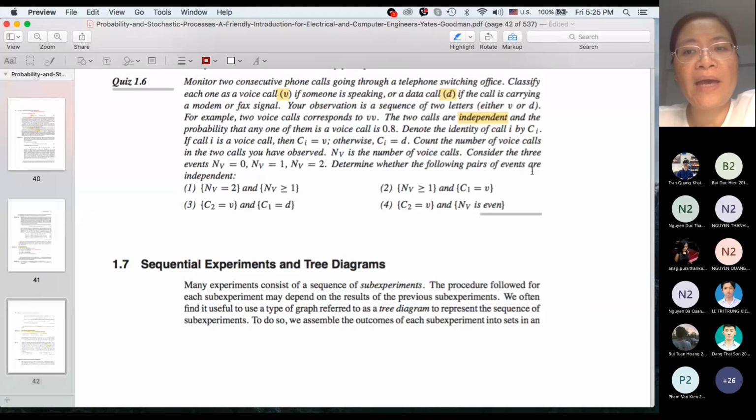Determine whether the following pairs of events are independent. Now you can see whether V equals 2 and V greater than or equal to 1 are independent or not.